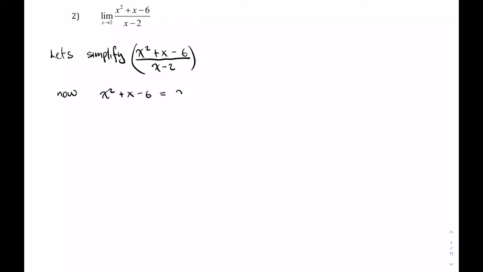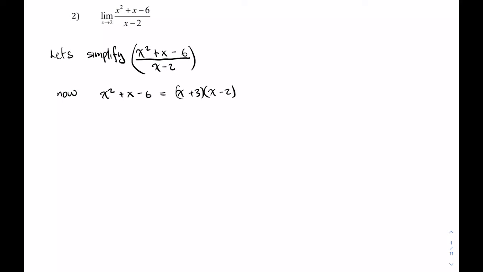So we'll start by simplifying x squared plus x minus 6 over x minus 2, and we'll recognize that we can factorize our numerator. So we can say x squared plus x minus 6 is equal to x plus 3 times x minus 2.